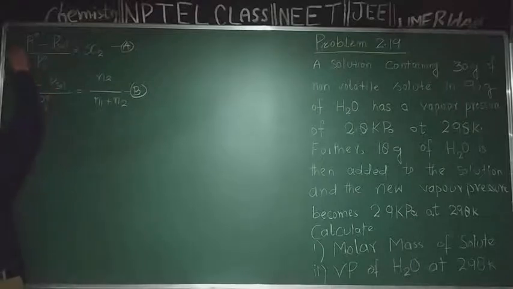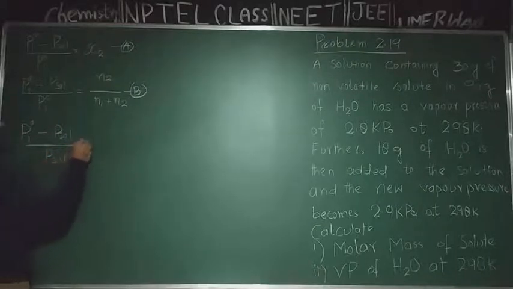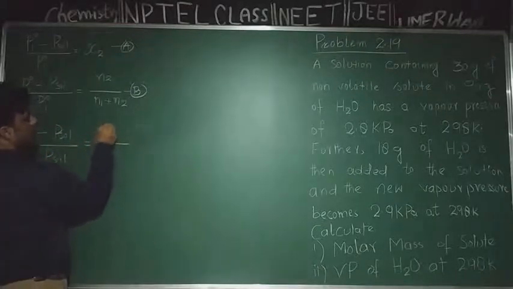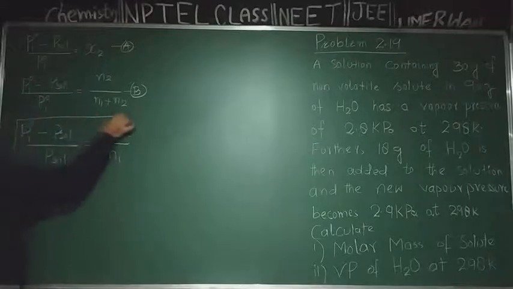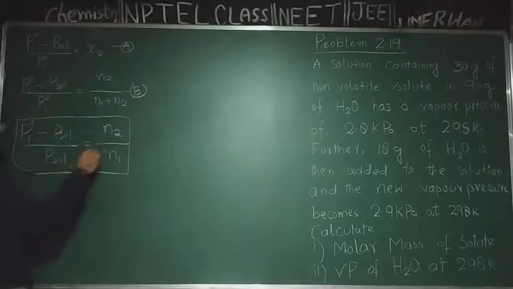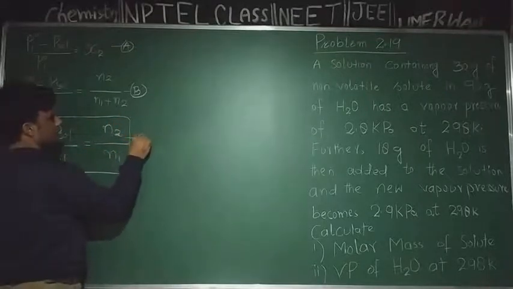But neither I will use this form of equation here, nor this form, but I will use this form of equation: P01 minus P solution divided by P solution is equal to N2 divided by N1. This I will label equation C.